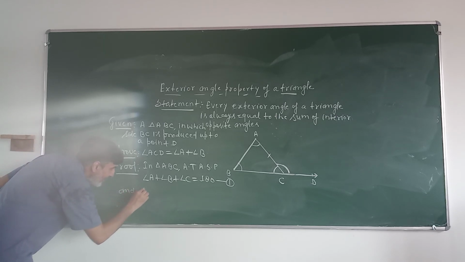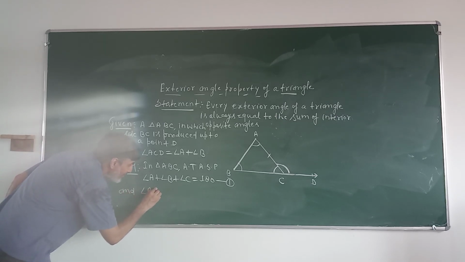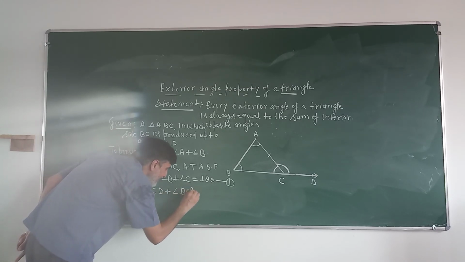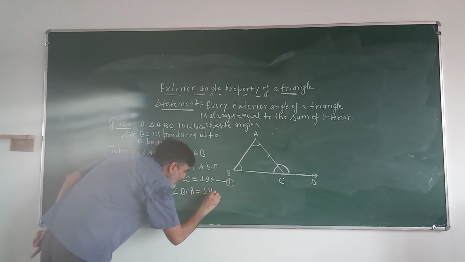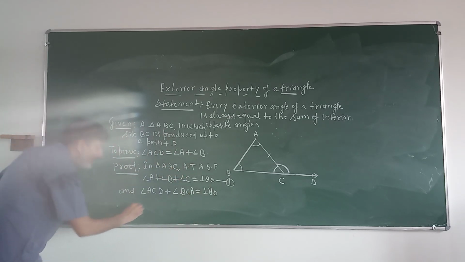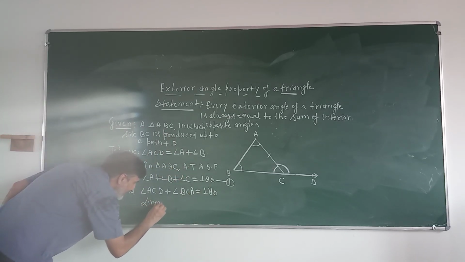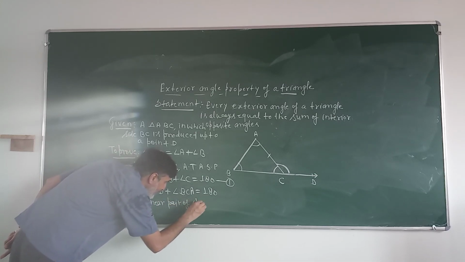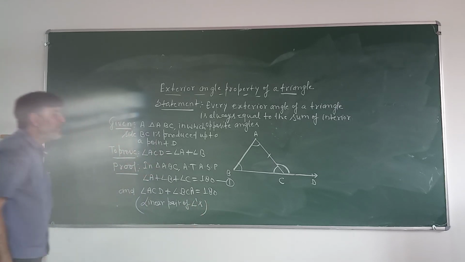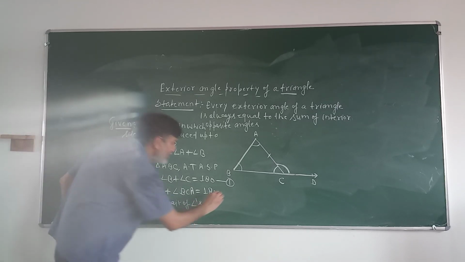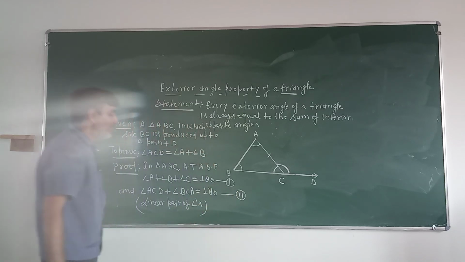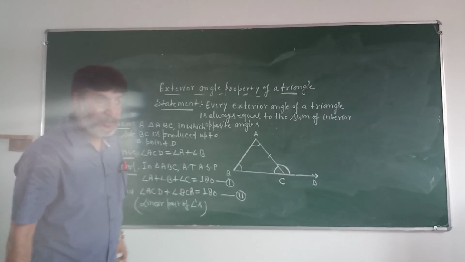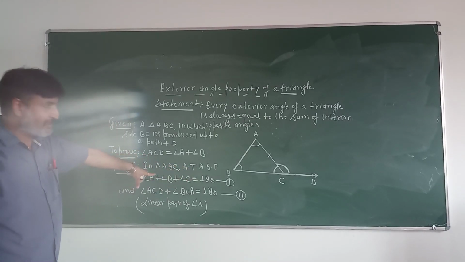And angle ACD plus angle ACB, that is also equals to 180 degree. And what is the reason? Reason being linear pair of angles. And when we compare these two relations, first and second, since right hand side of both the relations is the same, therefore left hand sides must be equal.